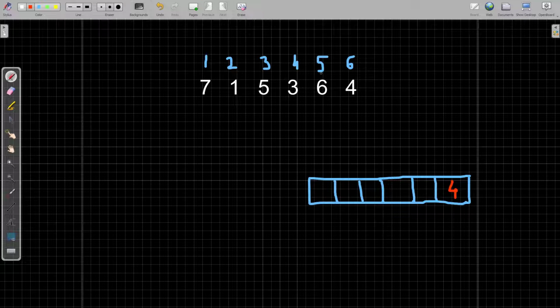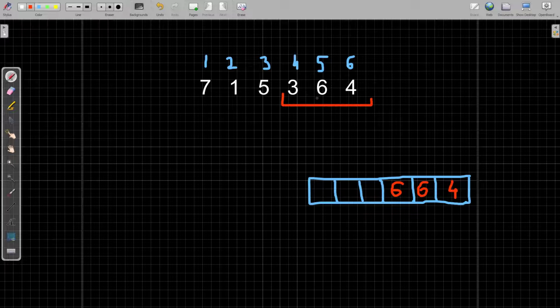Coming to day 5, what is the maximum price after day 5? We have just 4 and 6 here. So what is the maximum? 6. We will have 6. Now moving to day 4, what is the maximum? 6. Now day 3, what is the maximum? 5 or the maximum in here.